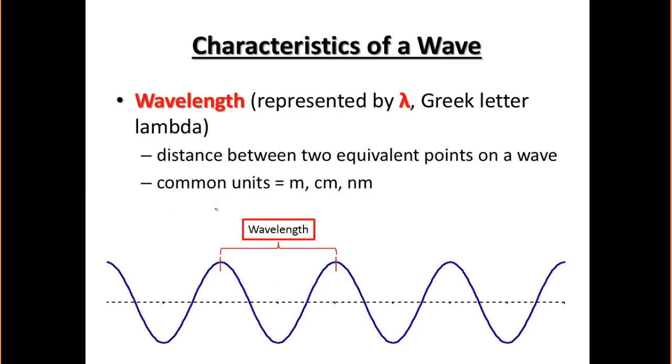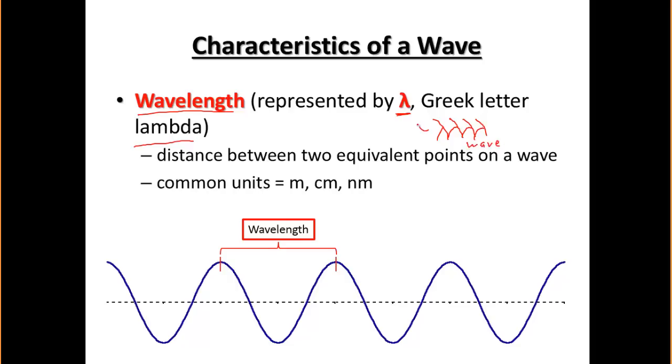Now, as we look at the wave, there are a couple things to look at. First off, our wavelength. Wavelength is going to be represented by the Greek letter lambda. If you put a couple of wavelengths together, it kind of looks like an ocean wave coming in.